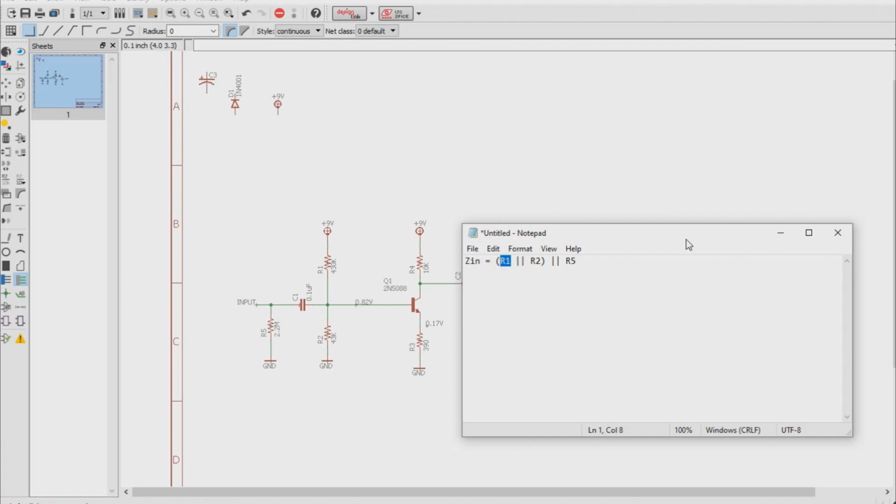So we got R1, which is 430K, and then we'll take R2, which is 43K, and then we'll take that 2.2 megaohm.